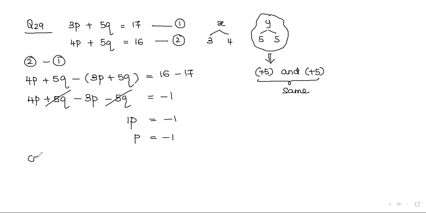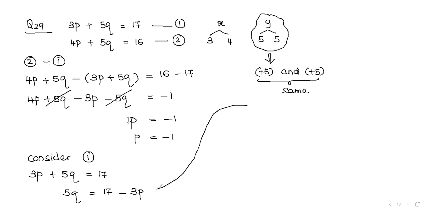After finding the p value, I consider one of the equations; here I will take equation 1. So I have 3p plus 5q equal to 17. I want to find the q value, therefore I keep the q term here, so 17 minus 3p, right? I will move here as I don't have enough space. So 5q is equal to 17 subtract 3 multiplied by negative 1.